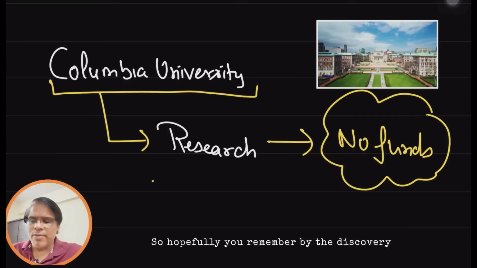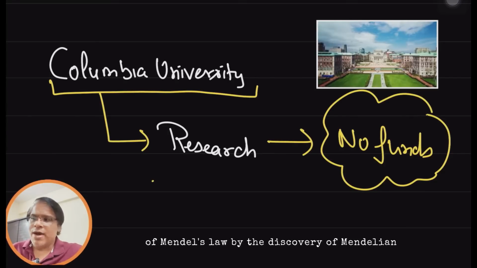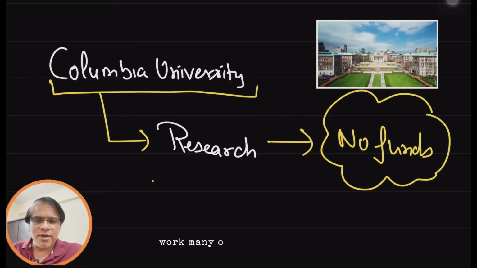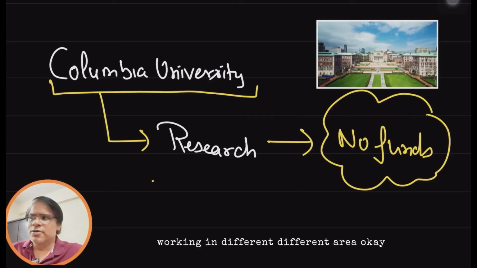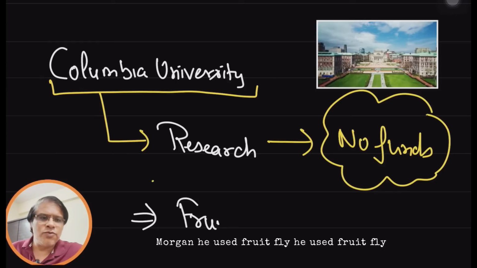Hopefully you remember that after the discovery of Mendel's law, many scientists started working in the field of genetics and started looking at different models. So T.H. Morgan used the fruit fly.